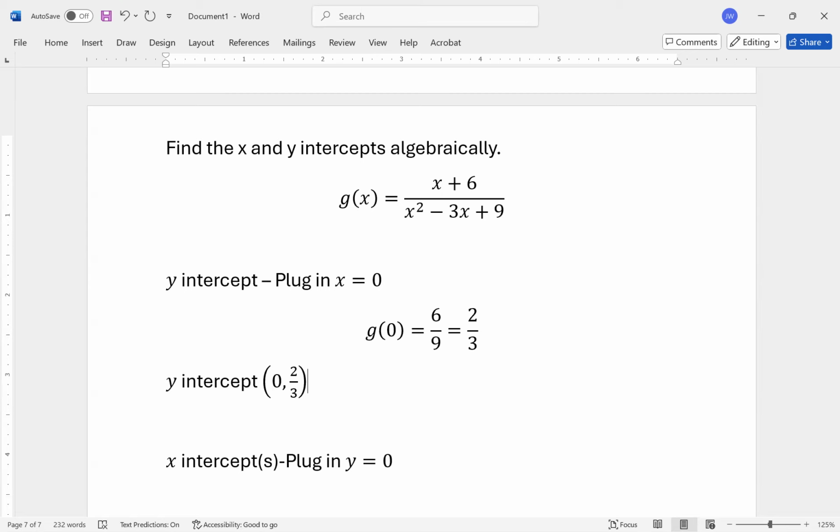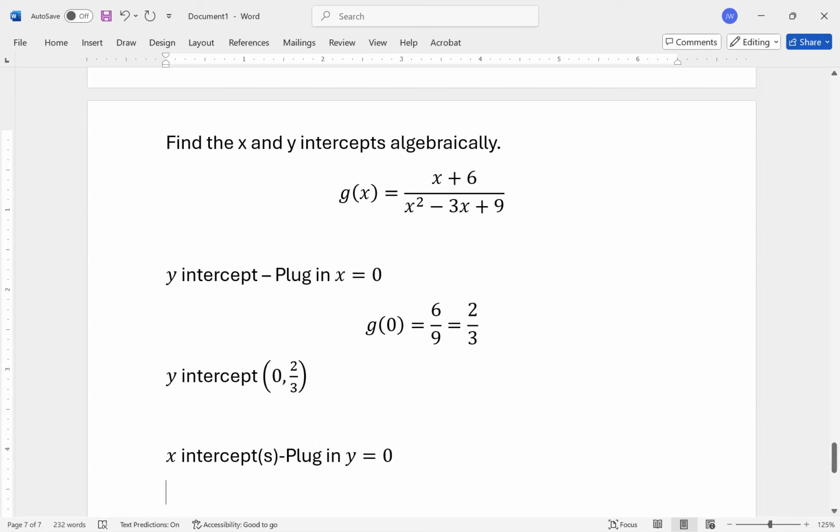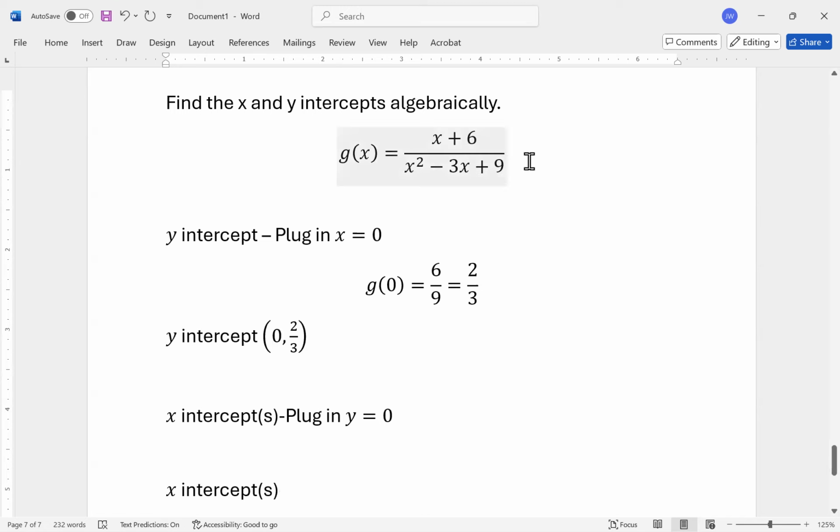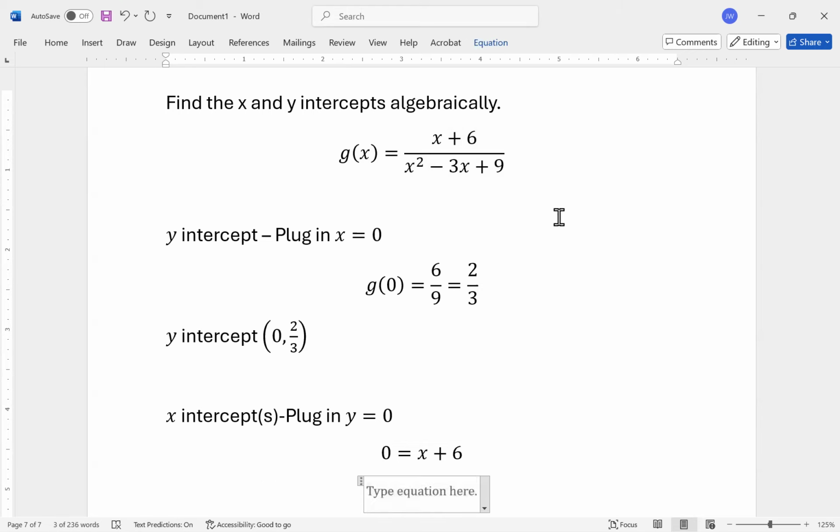For our x-intercept, we're going to plug in 0 for y, and that means the numerator is going to have to be 0. So when my output value is 0, then x plus 6 has to be 0. So in this case, x would be equal to -6.